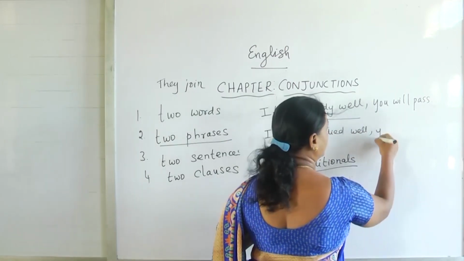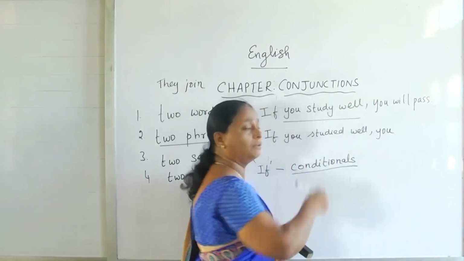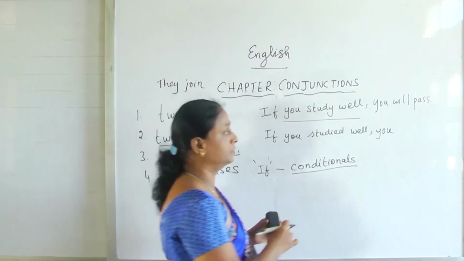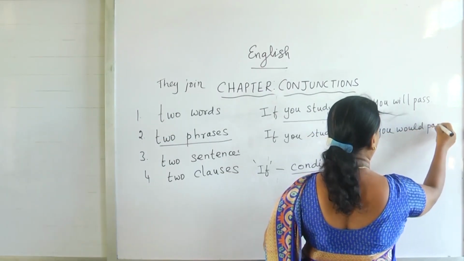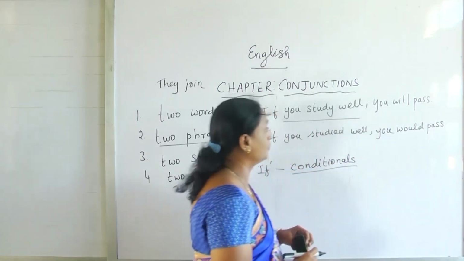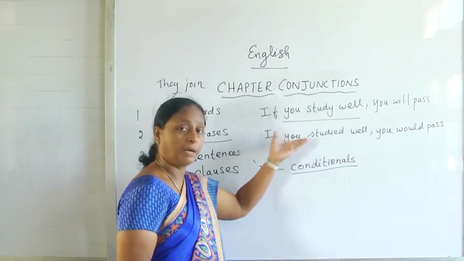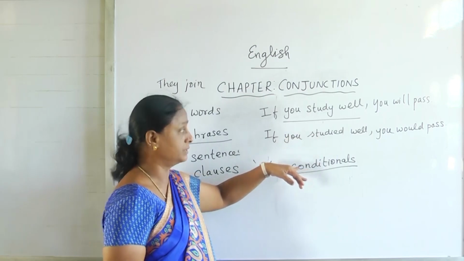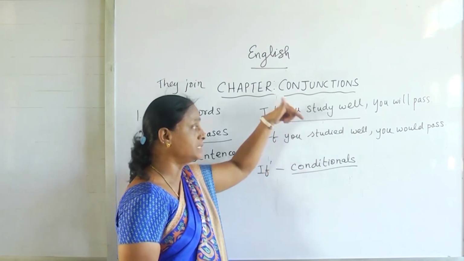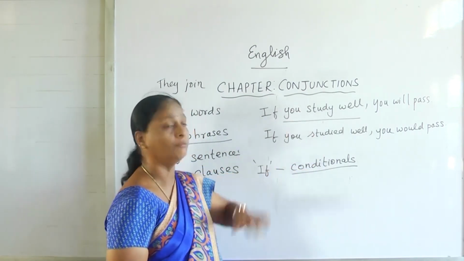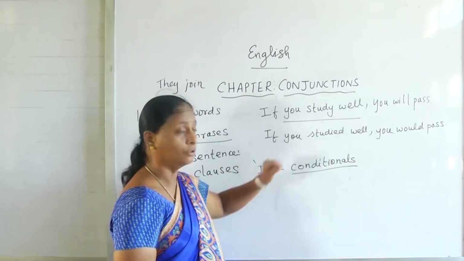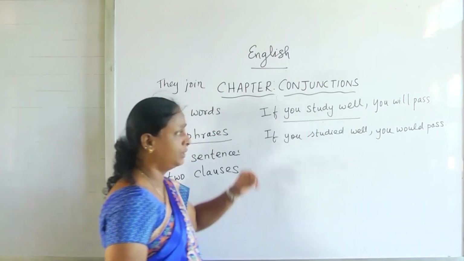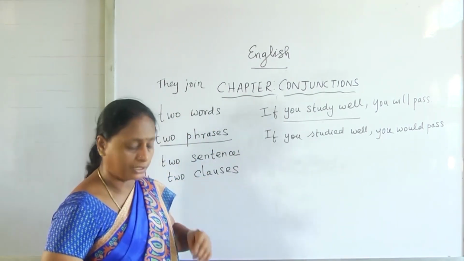Which one should I make past? That will be changed into would. So you would pass. You can change the past also into past perfect. So, if you had studied well, you would have passed. So I make the past into perfect tense. Only for such a concept can we use this.